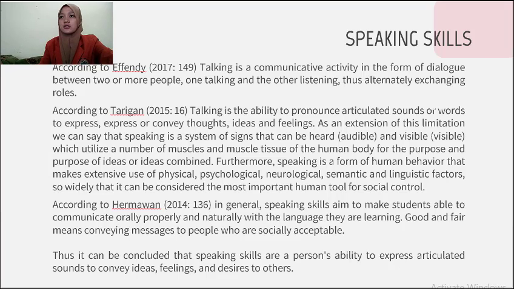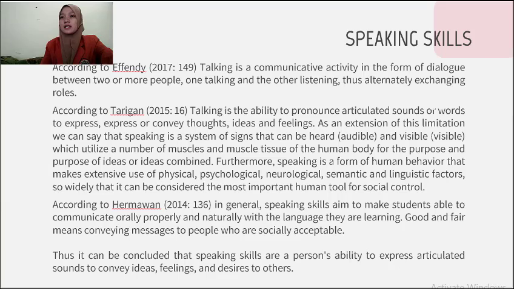As an extension of this limitation, we can say that speaking is a system of signs that can be heard, audible and visible, which utilize a number of muscles and muscle tissue of the human body for the purpose of ideas or ideas combined.